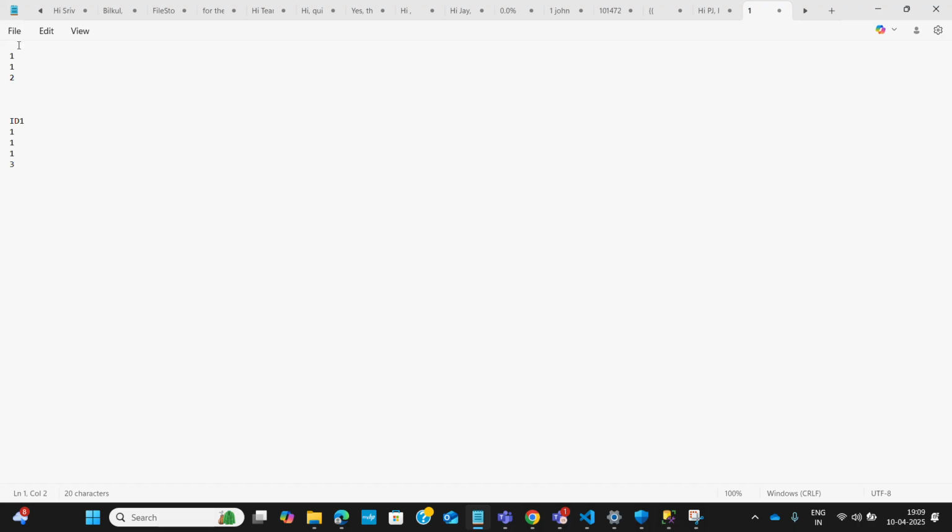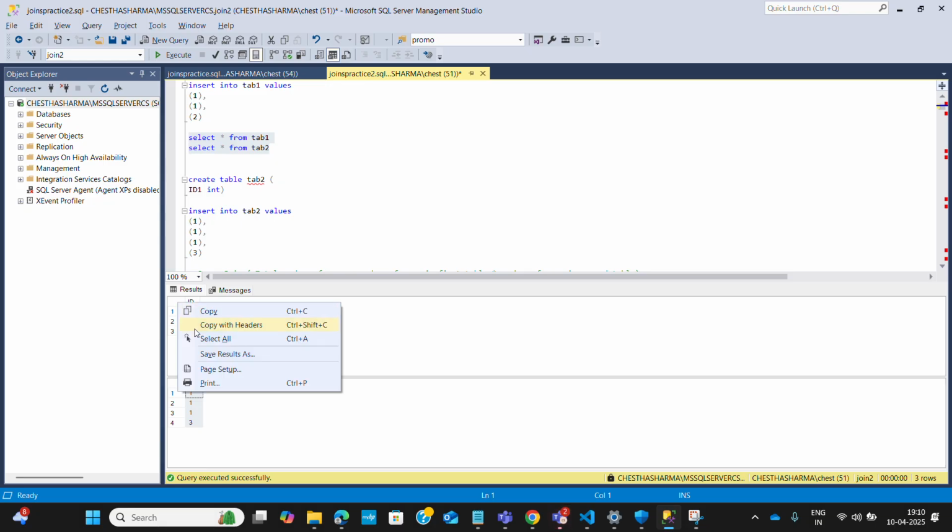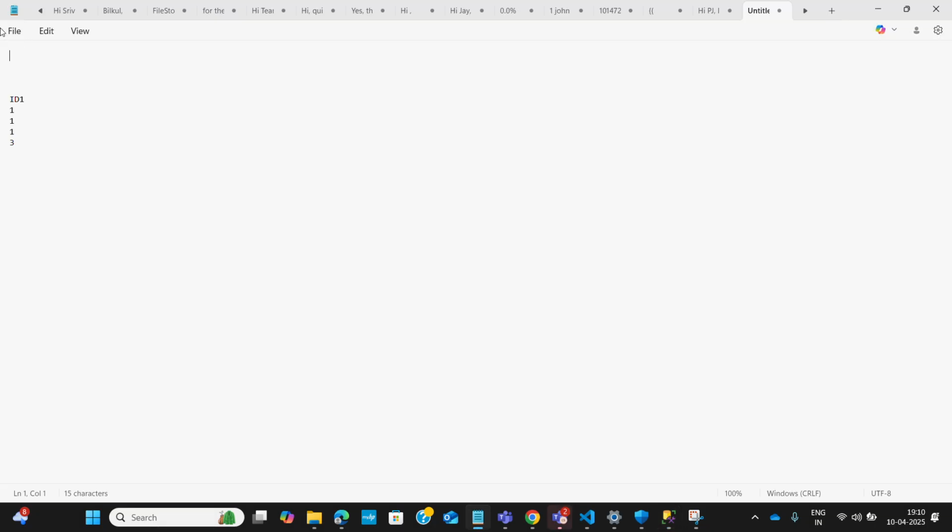So basically these are the two tables which we have here, ID1 and ID2. Just right click on this, copy with headers, and tell me, in table 1, what are the common numbers? 1 and 2 only. Got it?